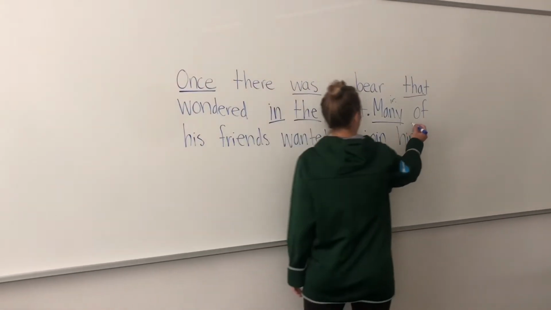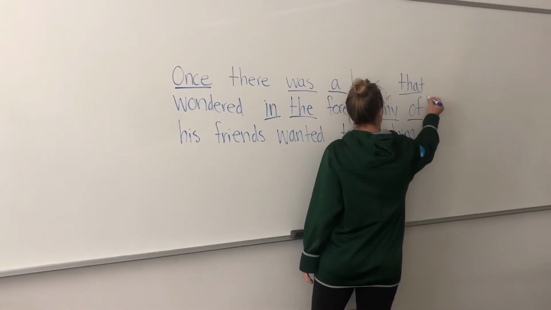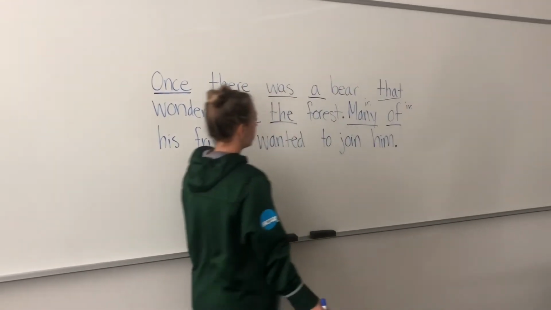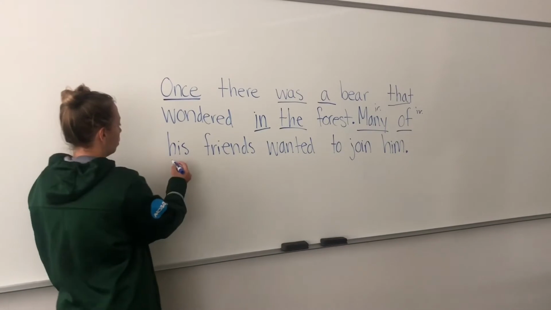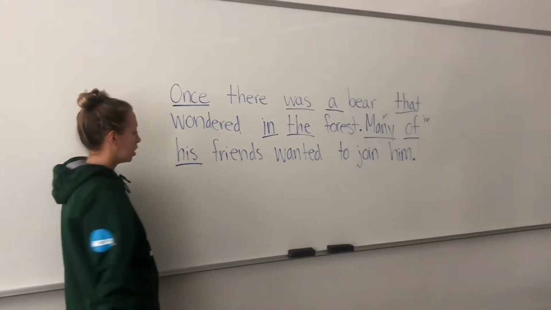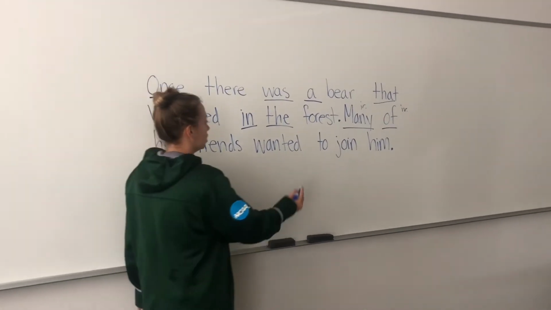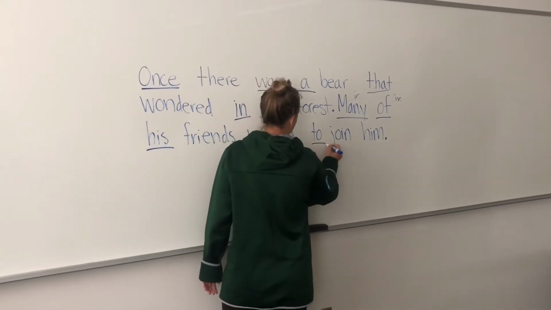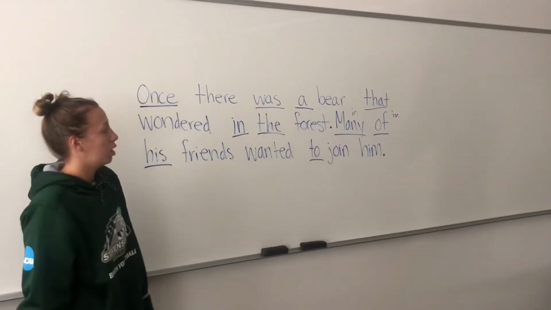Another word is of, and that's another irregular sight word. And then another one is his. This one's regular, and two. And that one is regular as well.